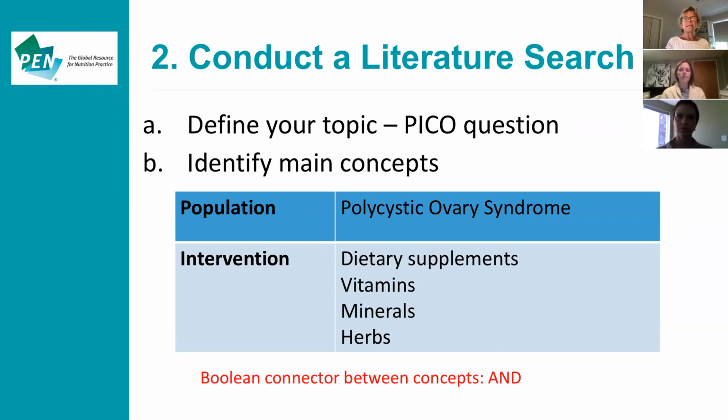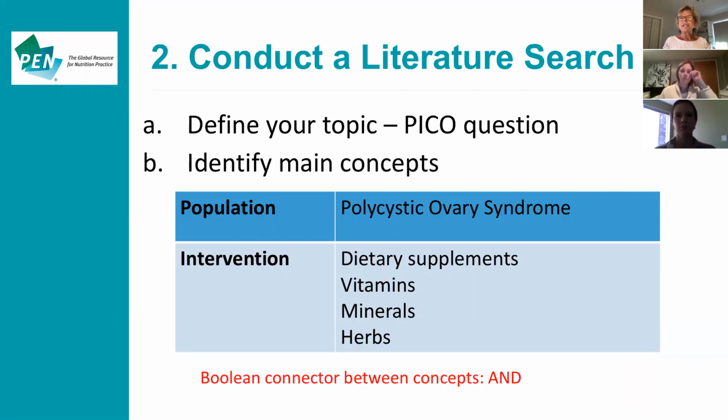So conducting the literature search, the first step, of course, is defining the topic and thinking about the PICO question. When we think about PICO questions, we always put population, intervention, comparison, and outcome together. But in terms of a search, it's much better to focus just on the main concepts, which generally are population and intervention. As relates to our previous example, the population, very generally, is polycystic ovary syndrome.